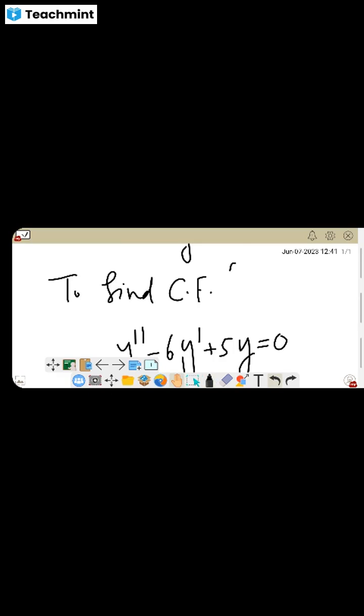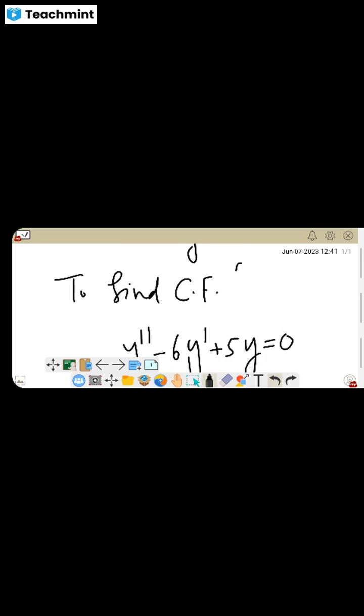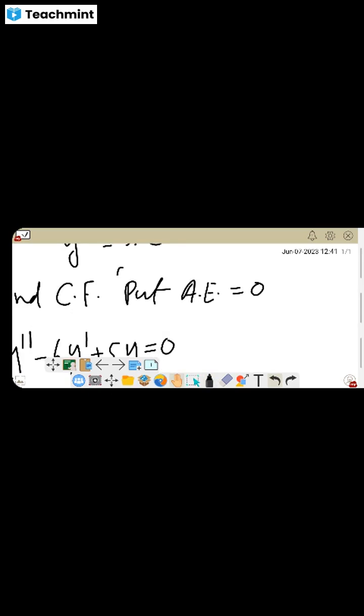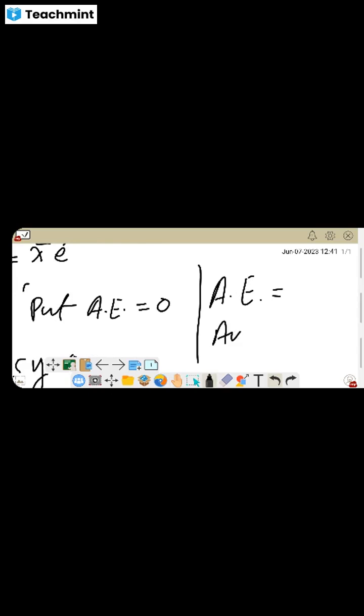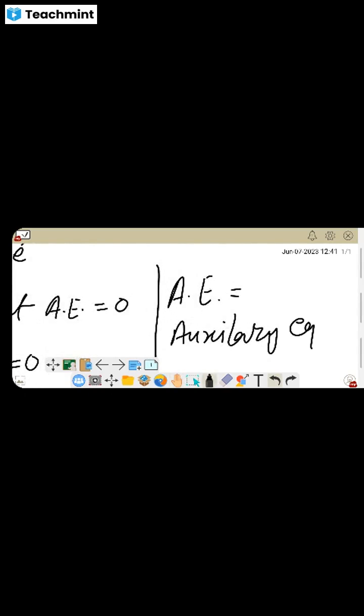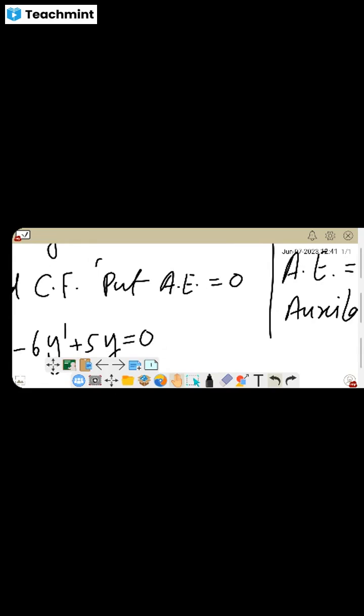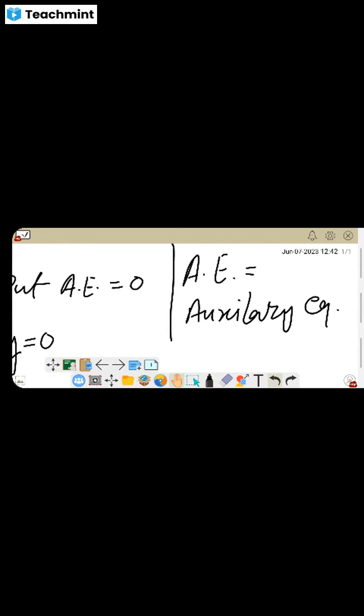So to find CF, put AE, the auxiliary equation, equal to 0, and AE is the auxiliary equation, meaning the equation formed by the left side of the differential equation is the auxiliary equation.